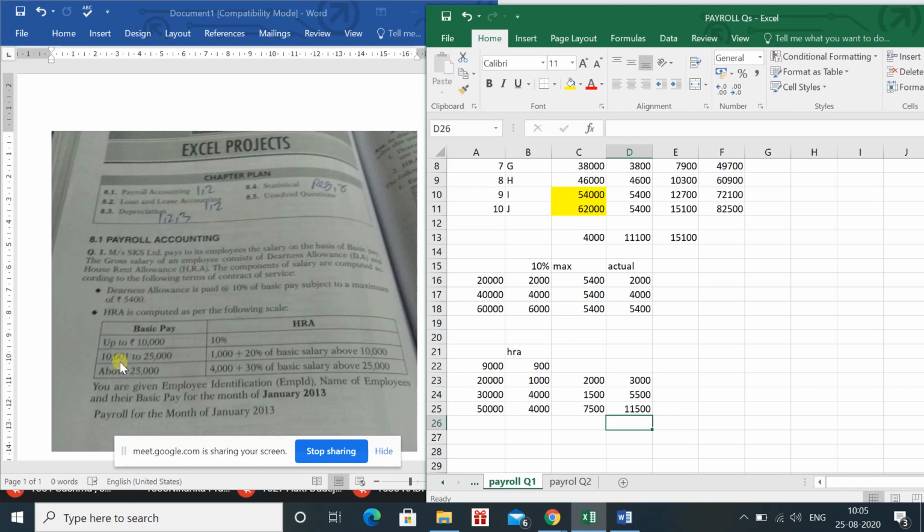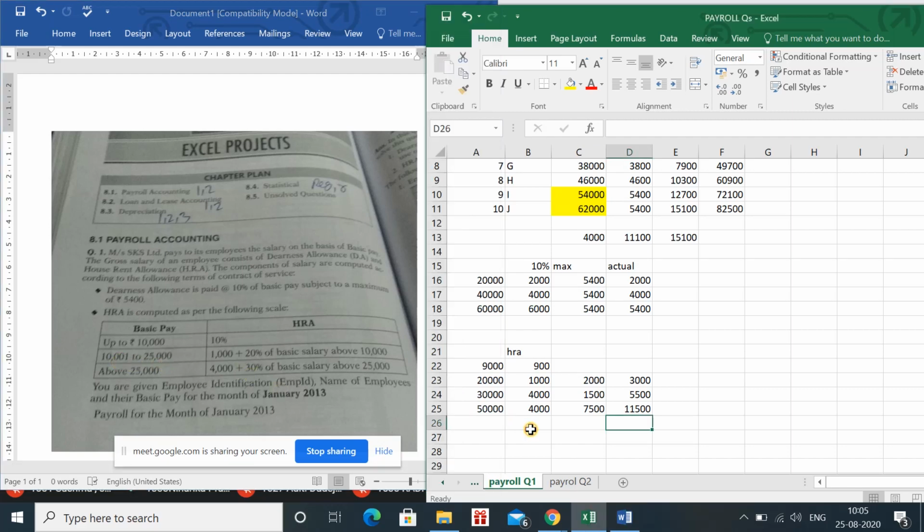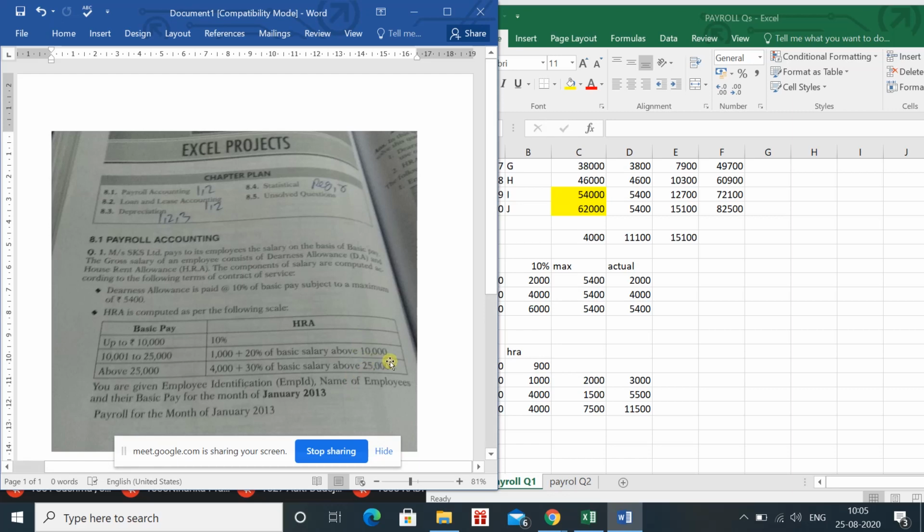Okay, 10,000 to 25,000, for them what is the value? 1,000 plus, I'm just repeating for all so that you can be crystal clear about this. 10,000 to 25,000: 1,000 plus 20% of basic salary above 10,000.